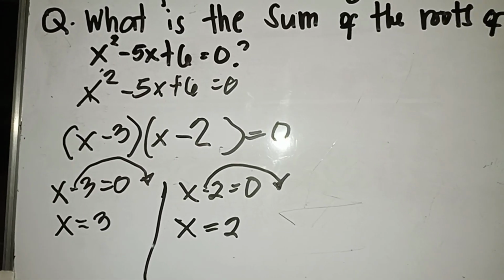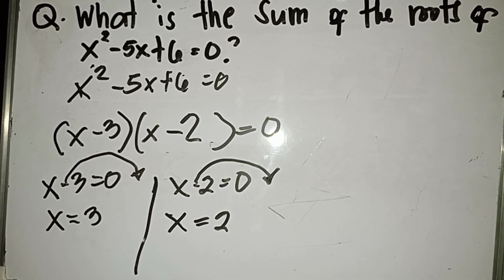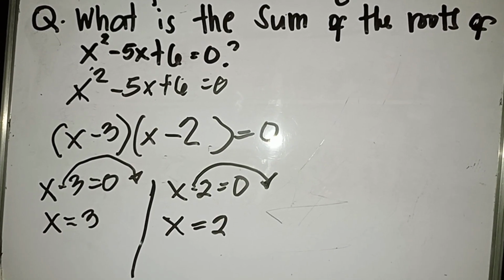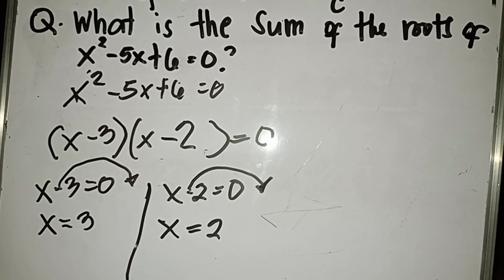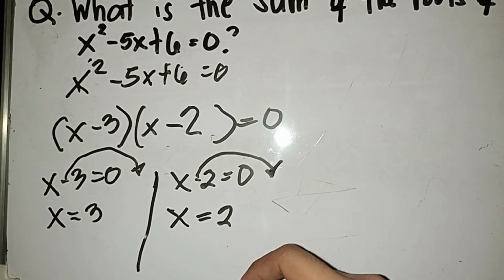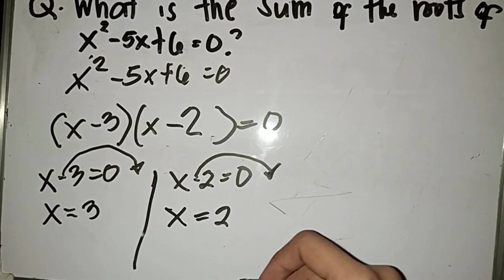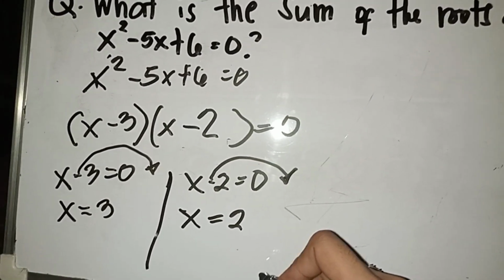So we have here two roots of the quadratic equation. If we say sum, we need to add the 3 and 2. If we're going to find the sum of the roots, we need to add the two roots of the quadratic equation.